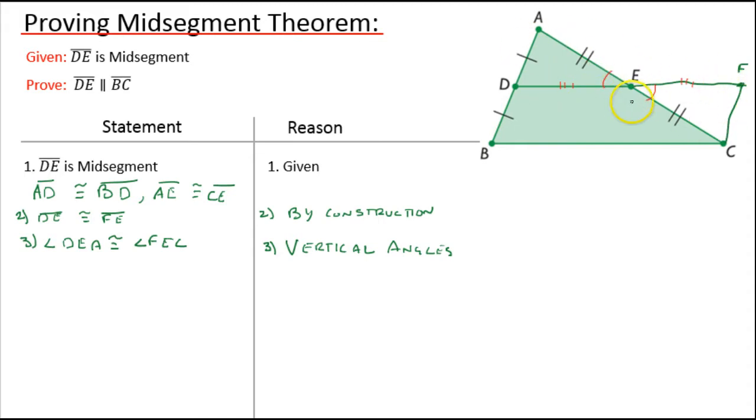If that's the case, we have enough information to see that this triangle is congruent to this triangle. If that's true, we can show it as our step 4. Triangle AED is congruent to triangle CEF.